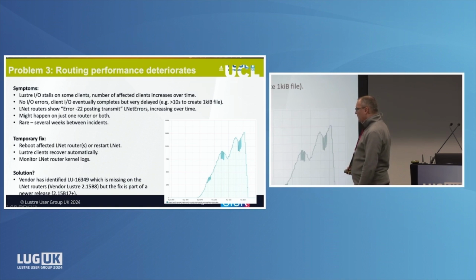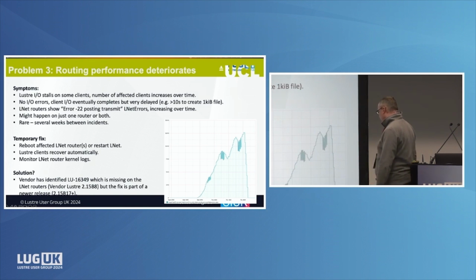We've also added some logging of the kernel logs on the LNet routers so that we get a warning once this starts happening on the first clients. So this graph is showing basically the count of these error -22 kernel log messages over time, counting how many of them happened in the previous hour.